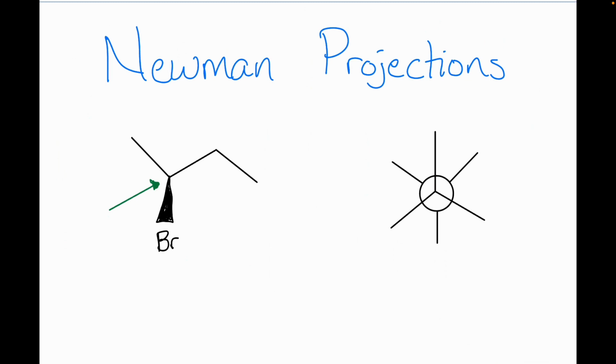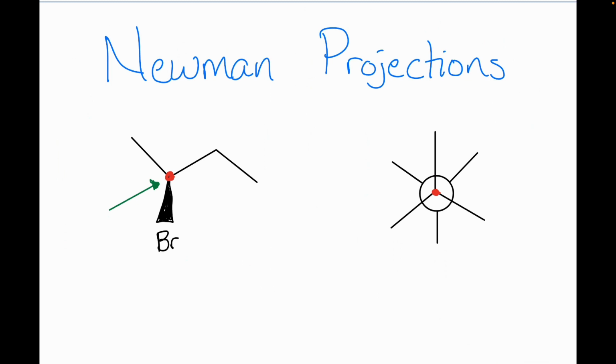Okay? So again, I'm looking down this bond here. So this first carbon that I'm looking at, that's located in the very center of my triangle there. All right, I'm looking down that bond. That very middle point there is that carbon.